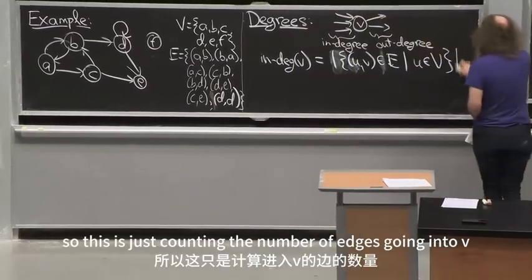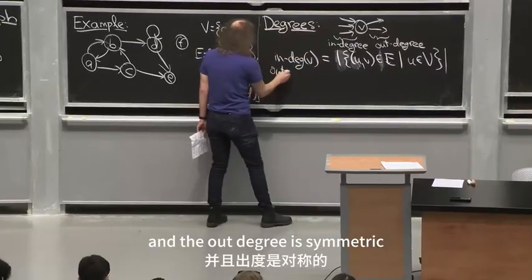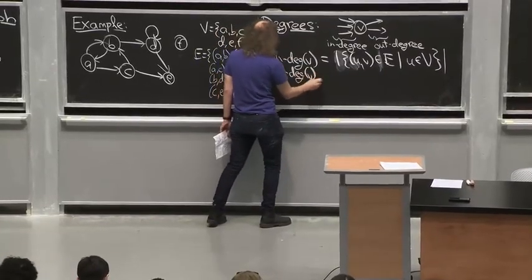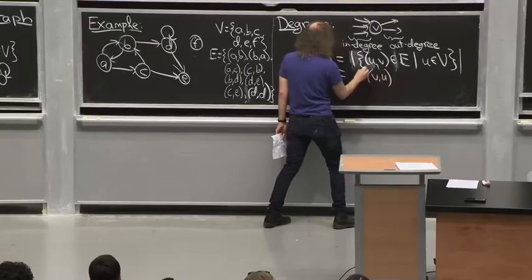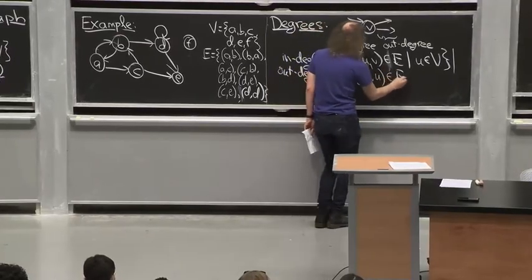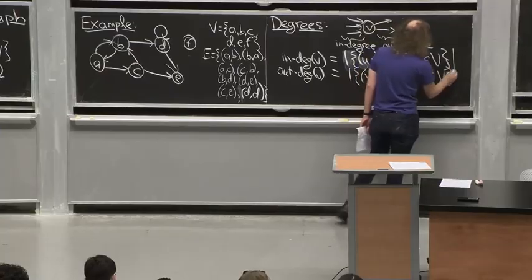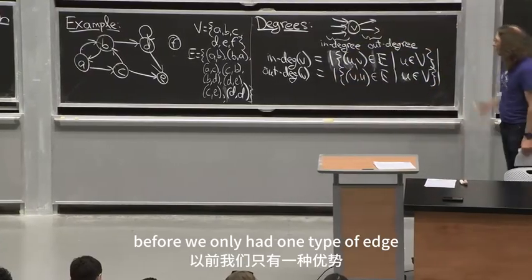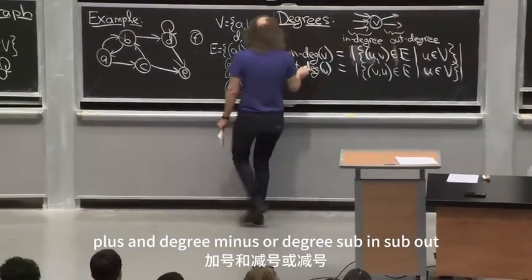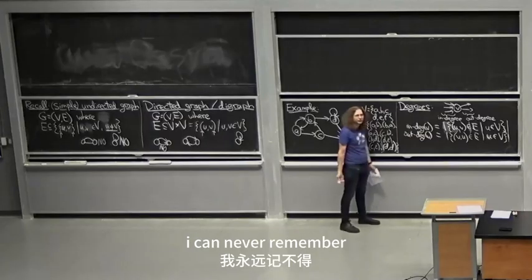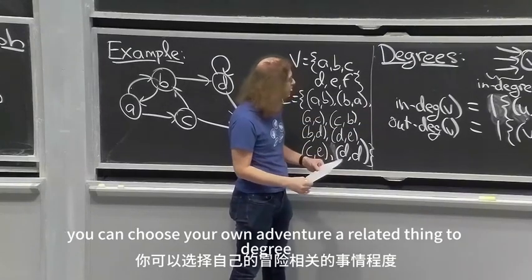So this is just counting the number of edges going into V, and the out degree is symmetric. This would be like V comma U. Before we only had one type of edge, so there was only one notion. Sometimes these are called degree plus and degree minus, or degree sub in, sub out. I can never remember which is plus and which is minus, so I always write in degree and out degree. You can choose your own adventure.